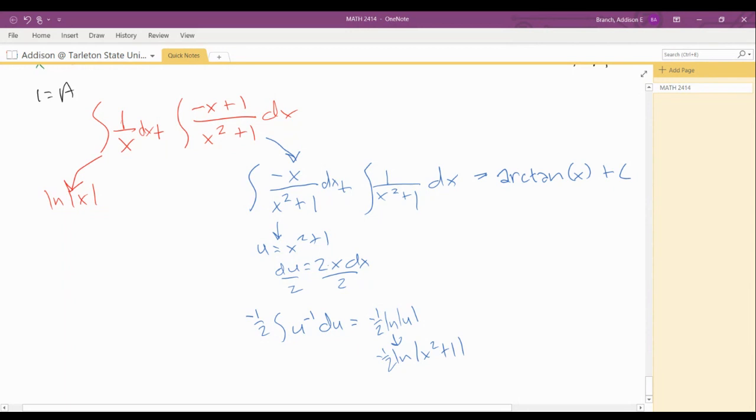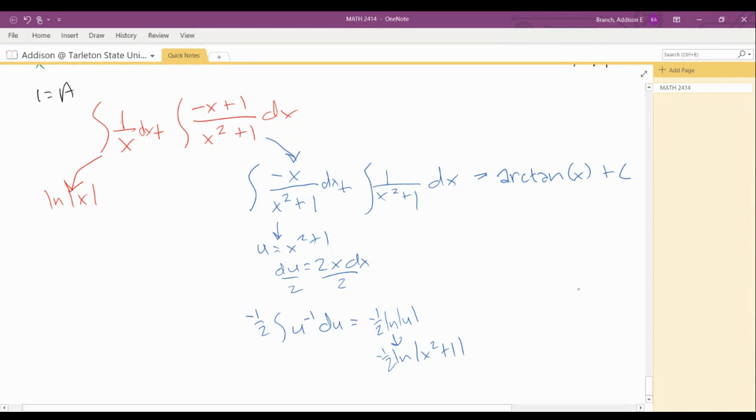I think in your book there should be a chart for all of your inverse tangent identities, so I would look at that. I'm sure you could do some trig sub and try to figure that out by hand, but it's easier just to memorize the formula rather than spend all that time trying to reverse engineer it.